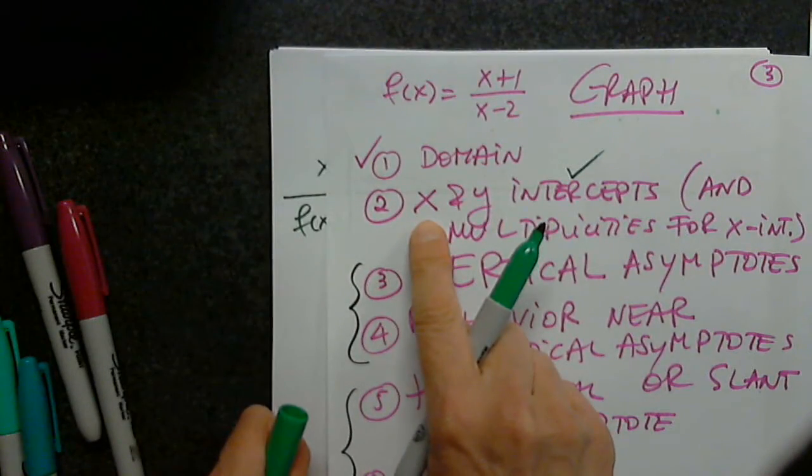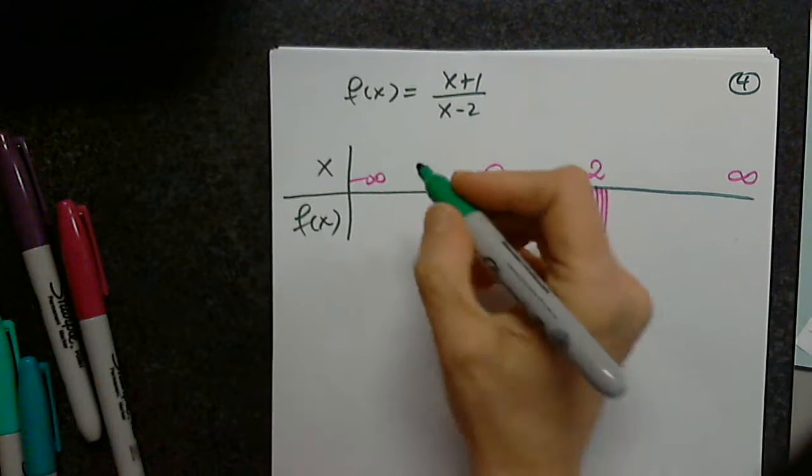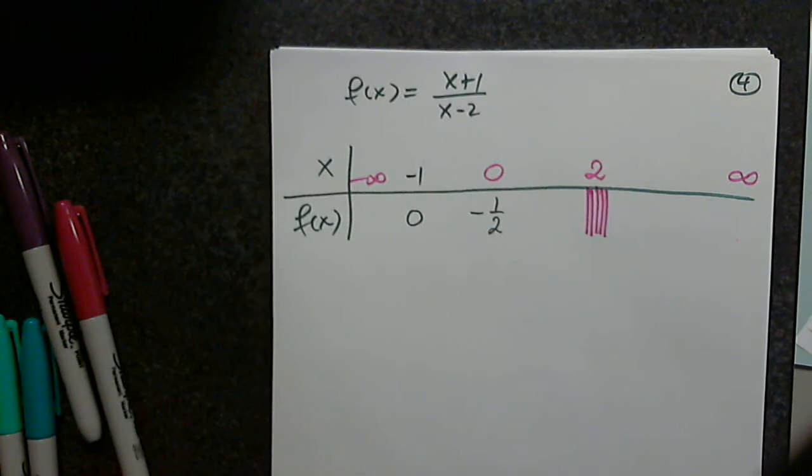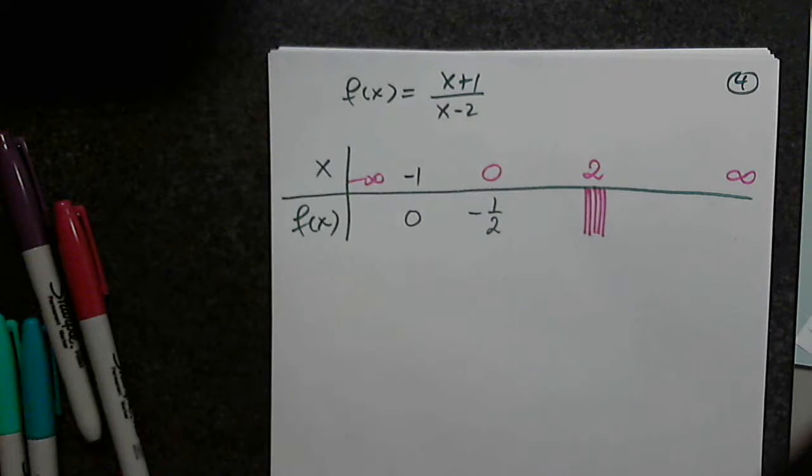Now the x-intercepts. When is a fraction 0? Right. When is x plus 1 0? When x is negative 1. Done. The first two are done. What about multiplicities?